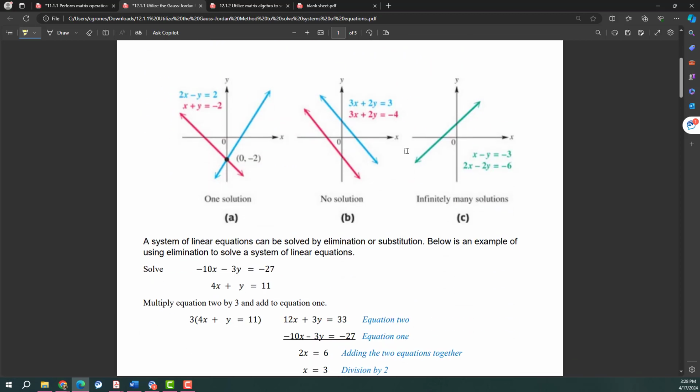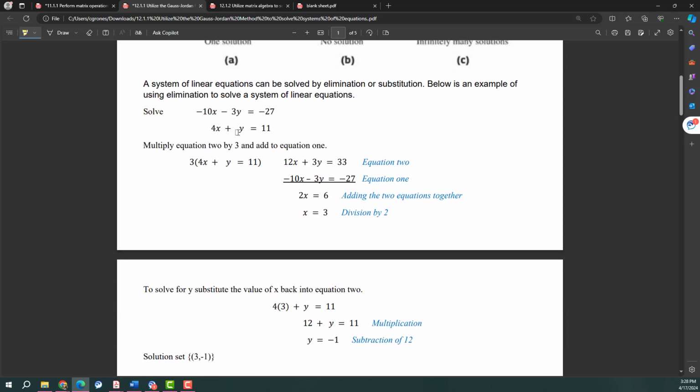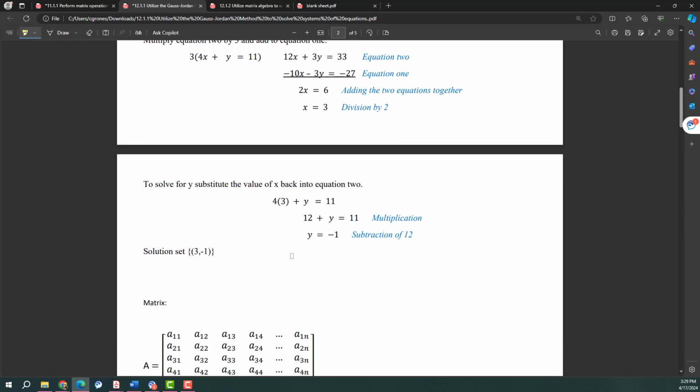So we're not going to be dealing with x squared, y squared, or any parabolas or anything like that. It's just going to be some straight lines. So basically, a system of linear equations can be solved by elimination or substitution. So we can combine two different equations to solve for x and solve for y and find our solution set.